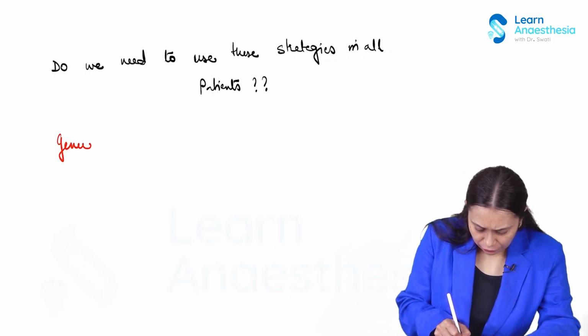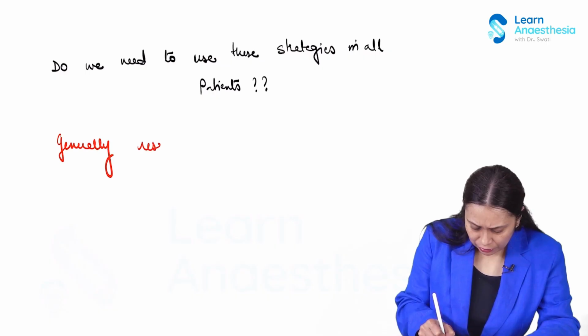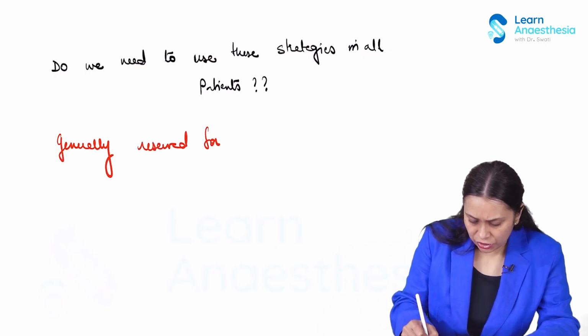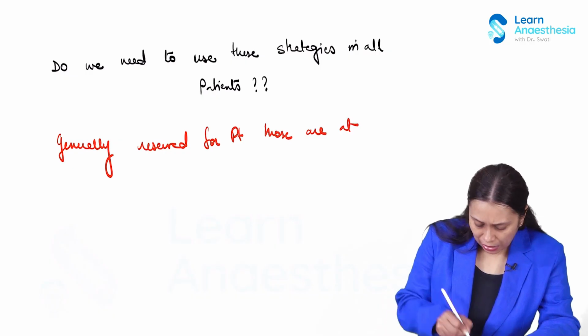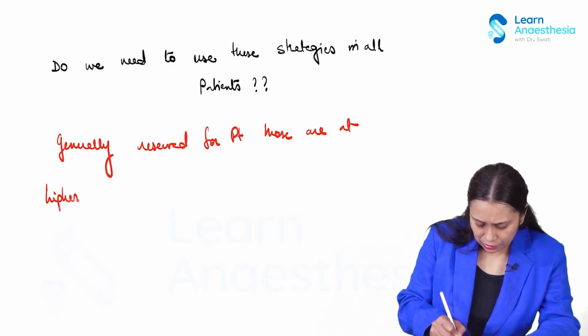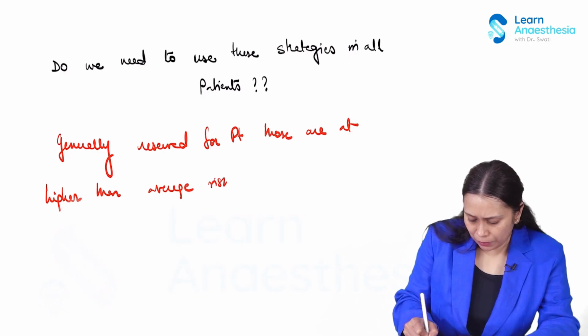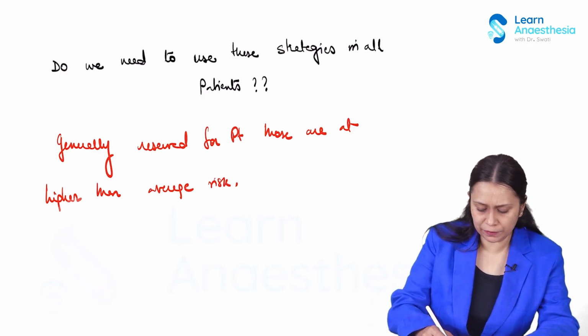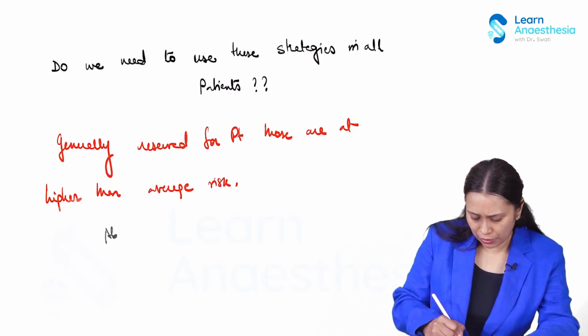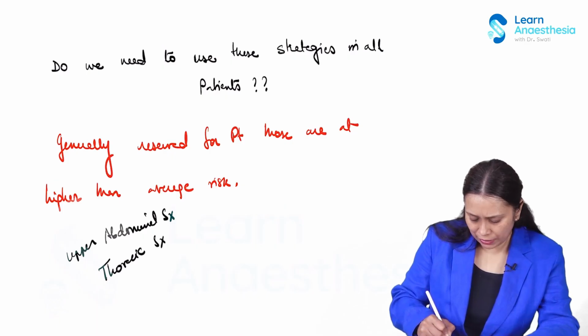Generally it is reserved for patients at higher than average risk. So what are the patients who are at higher than average risk? Patients who are posted for upper abdominal surgery, thoracic surgery or head and neck surgery.